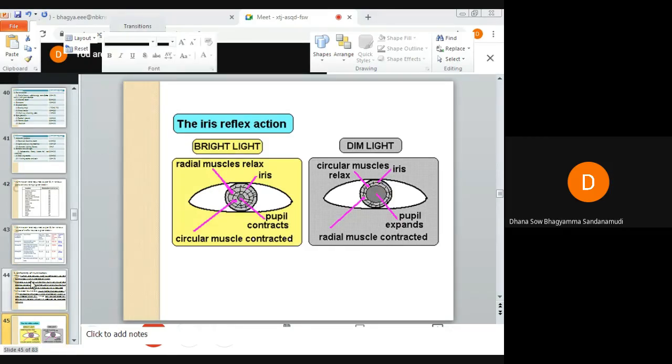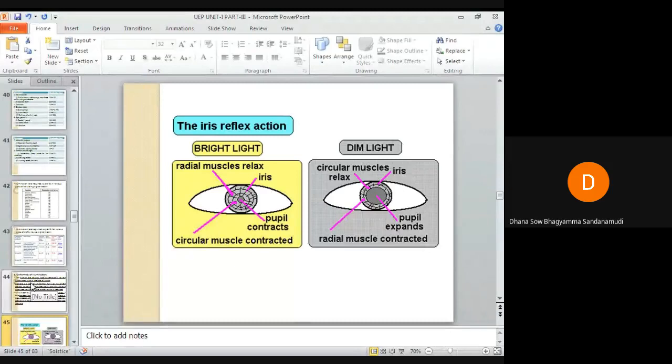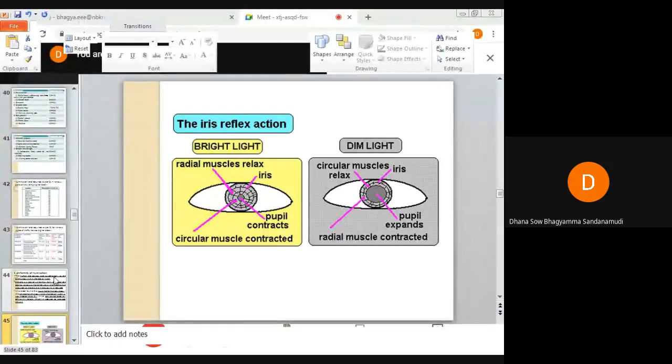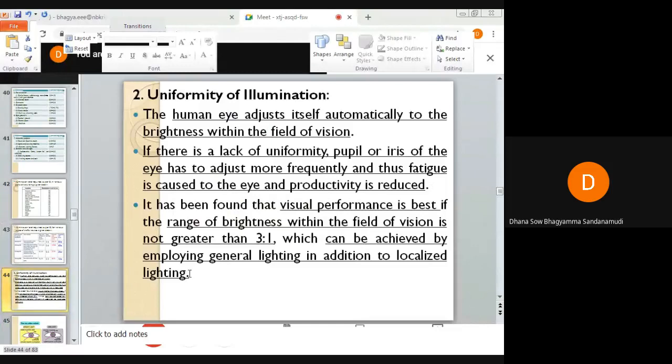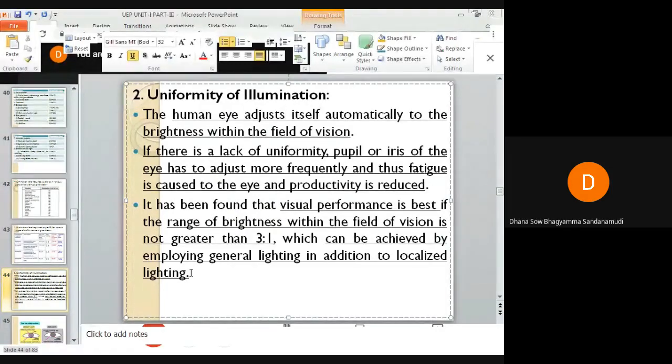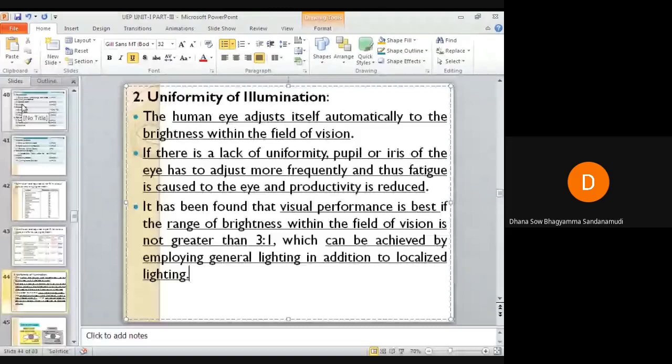Okay, so it happens automatically. The human body is like an automatic machine. If it is cold outside, automatically our body will try to maintain the temperature required. If it is hot outside, automatically we will start sweating in order to maintain the body temperature. So based on the atmospheric conditions, the body itself will try in some way to maintain the body temperature.